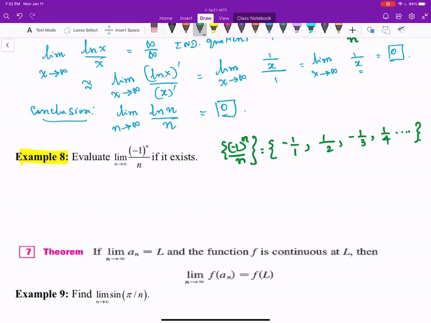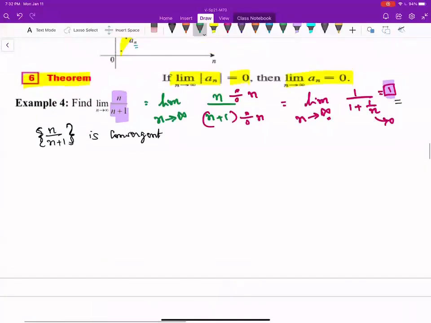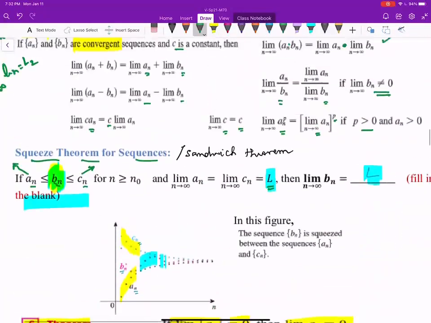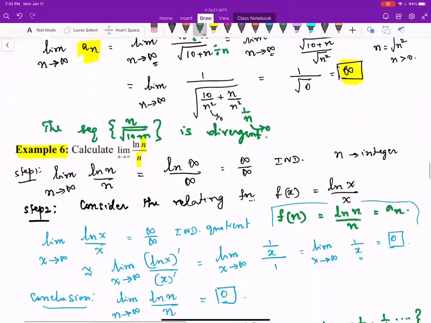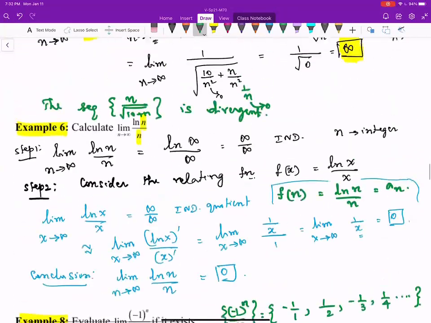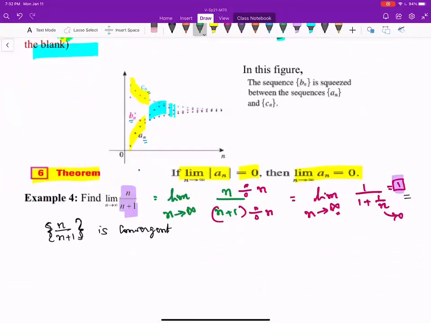Whenever you have terms alternatively positive and negative, in order to find the limit, we go back to one of the theorems that we quoted earlier. This theorem here, theorem number 6: if the limit as n approaching infinity of the absolute value of a n equals 0, then the limit of the nth term a n equals 0.